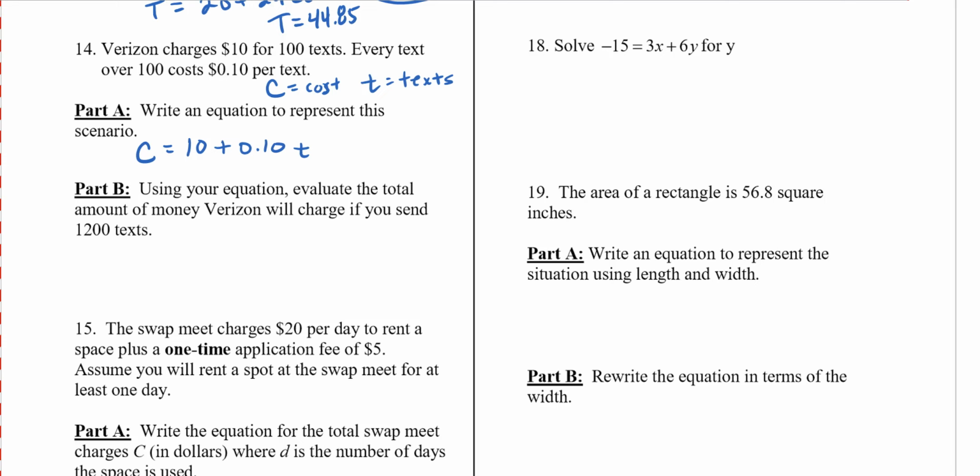So if you think about it, if you sent 102 texts, you're only paying 10 cents on those last two because the first 100 were included. So the way we handle that is we do T minus 100, grouped together in parentheses, so that we have $10 plus 10 cents times the number of texts we send after the first 100.